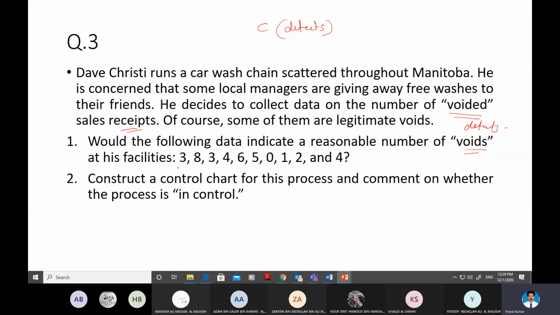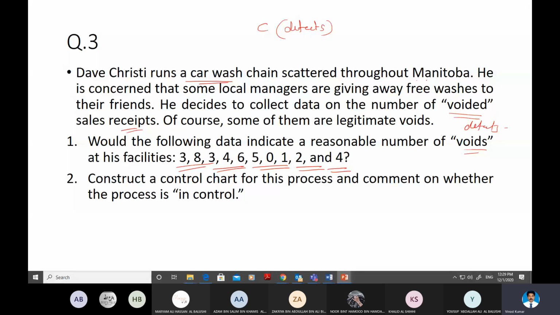From the same car wash center, you are getting these defects or voids, so it is related to the control chart for defects. He runs a car wash chain scattered throughout.